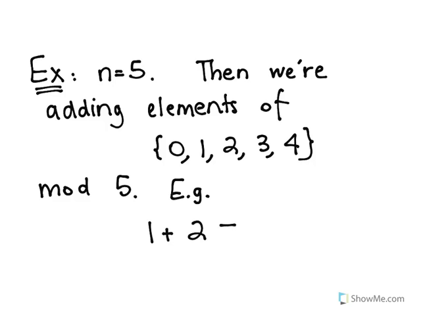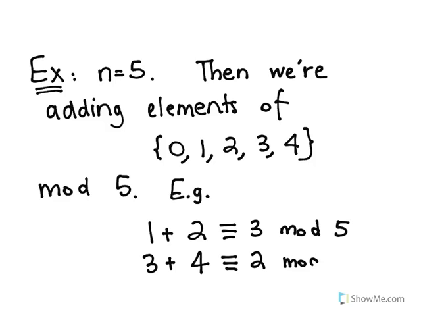The result is 3, which is another element of that same set. On the other hand, if I try to add the two elements 3 plus 4 in that set, I'll initially get an answer of 7, which is outside of the set, but I can reduce 7 modulo 5. When I reduce 7 modulo 5, I'll get 2, which is again back in my set.